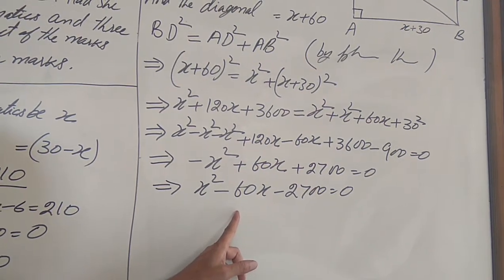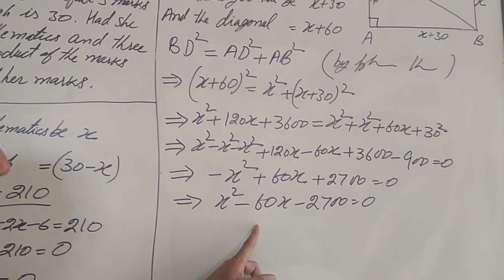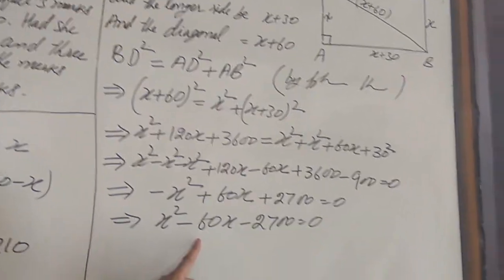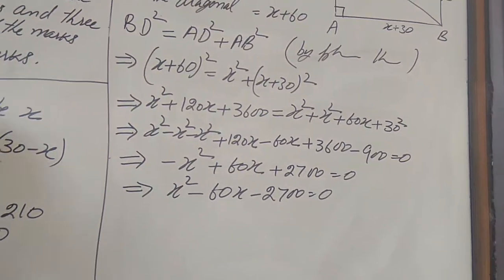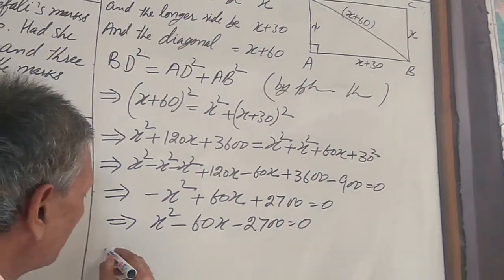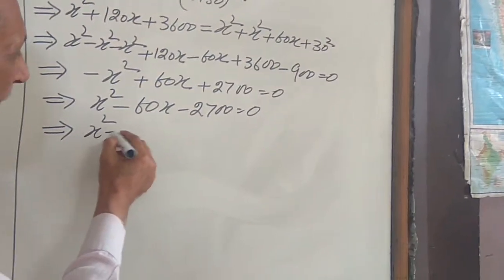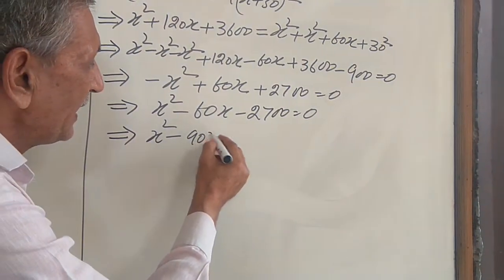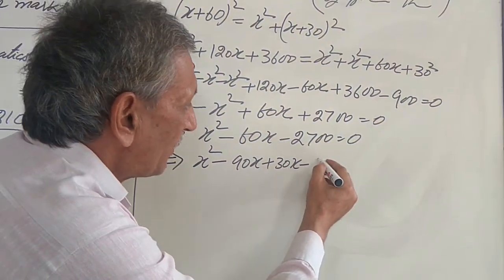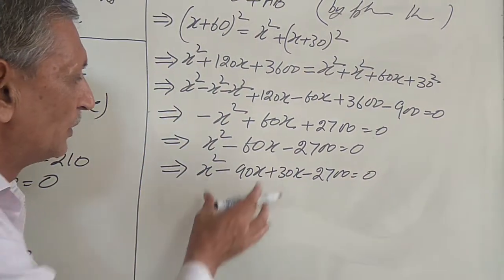So those two factors may be 90 and 30. The difference of 90 and 30 gives you 60. And the multiplication of 90 and 30 gives you 2700. Therefore, you may write it x square minus 90x plus 30x minus 2700 is equal to 0.